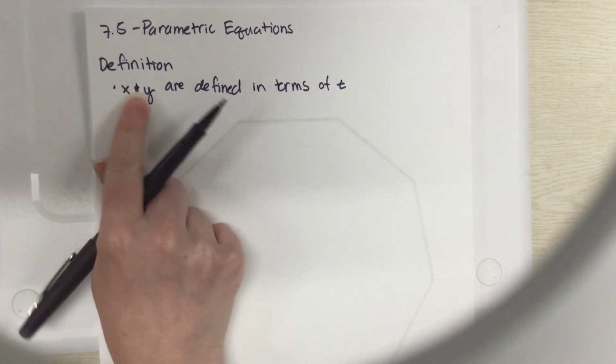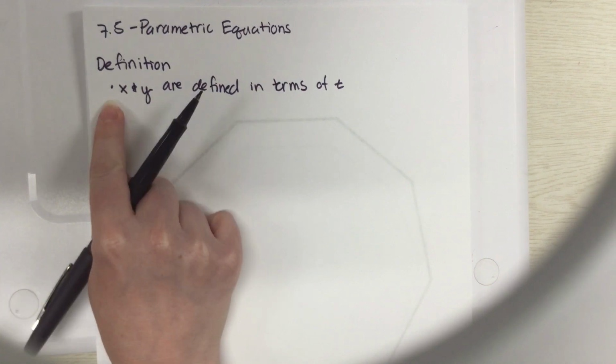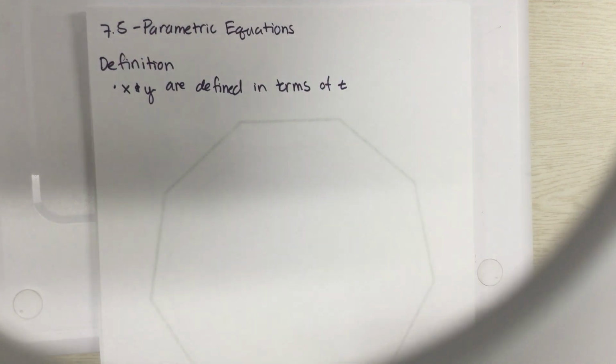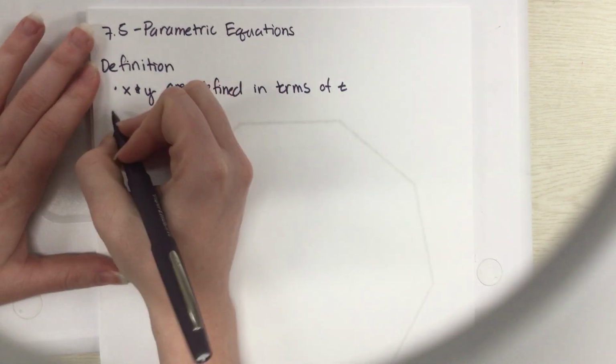When we did parametric equations with sine and cosine, we used theta, but it's the same thing. They're both defined in terms of some other variable. Normally with an equation, y is defined in terms of x, right? y equals 2x, so I know the y value is double the x value.